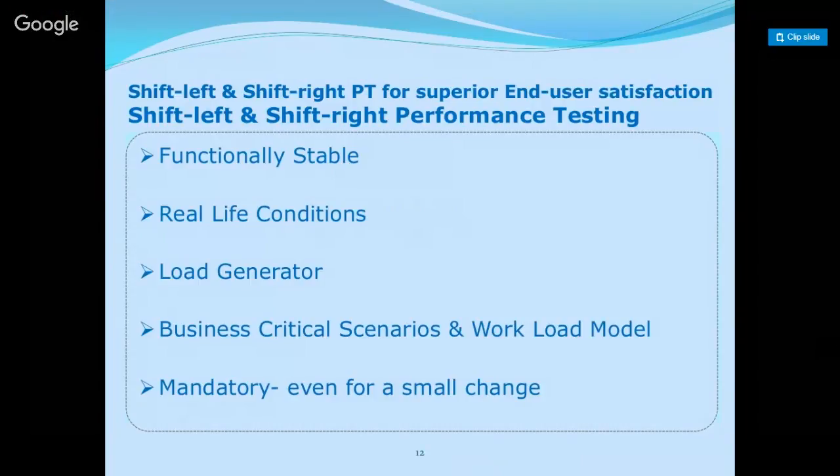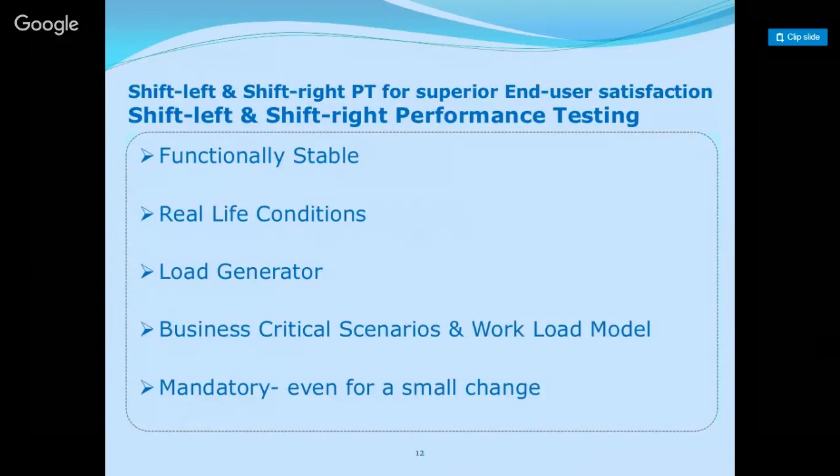Functionally stable. What I'm trying to say is that your application should always be functionally stable, and your environment should be functionally stable. If both of them are functionally stable, then only you can do performance testing. As I gave the example, your login button needs to be working, then only can you capture the response time of the login button, right?